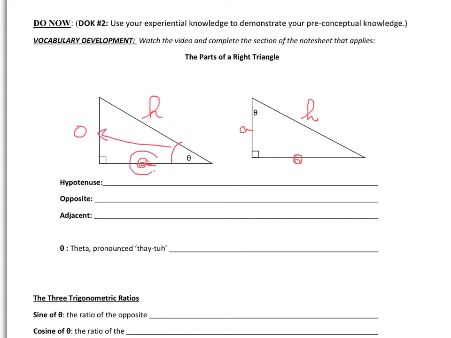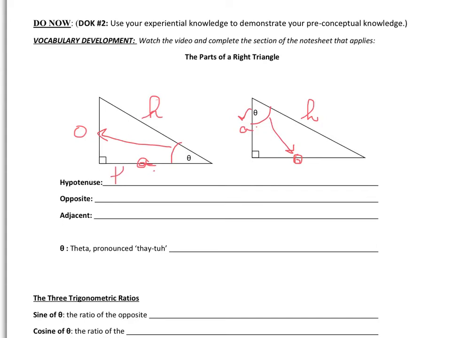Then we have adjacent next to it. And then H is always the hypotenuse. Again, now we have theta somewhere else. We have the opposite across from it, adjacent next to it, and then the hypotenuse, which is always the longest side of a right triangle, and it's opposite the right angle.